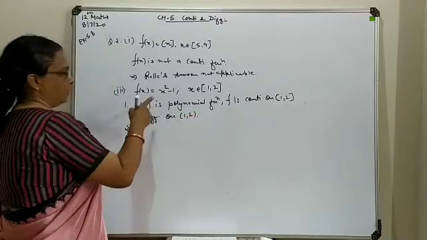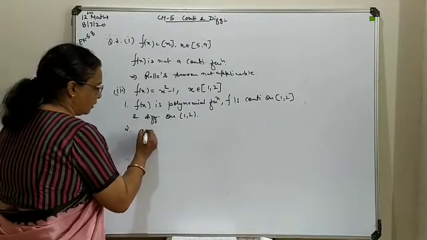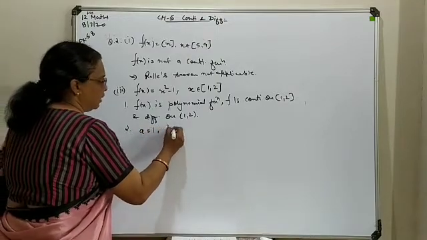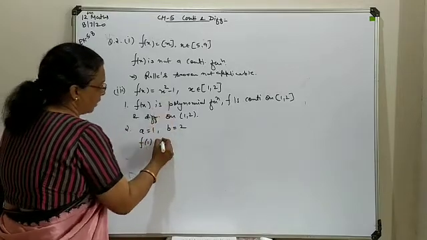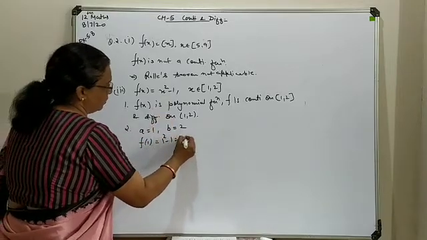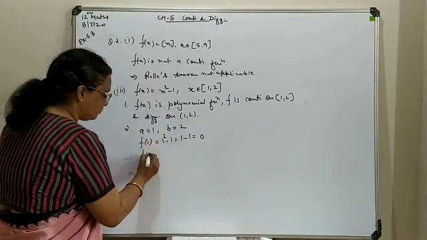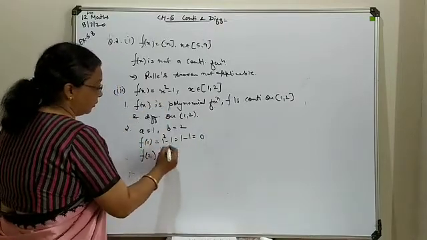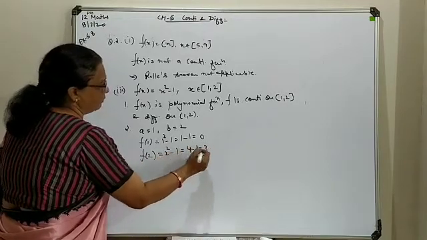Now the second step: for a and b you have to check the function values. In our case a is 1 and b is 2. So f(1) is 1 squared minus 1, which is 1 minus 1, giving 0. Secondly, f(2) is 2 squared minus 1, that is 4 minus 1, giving 3.